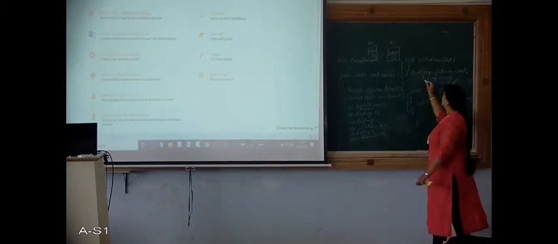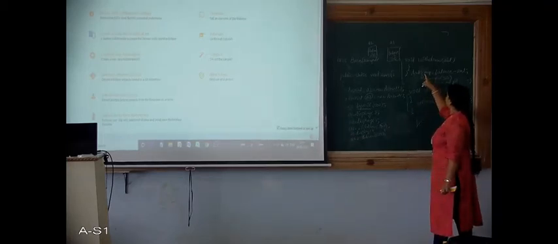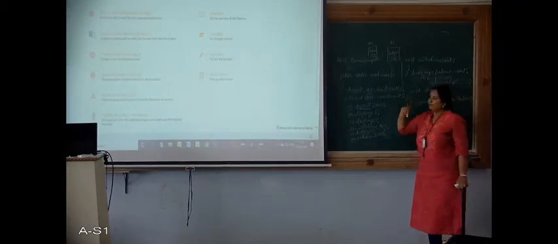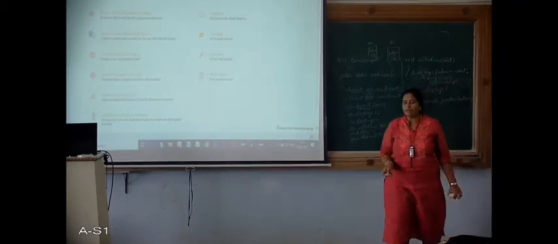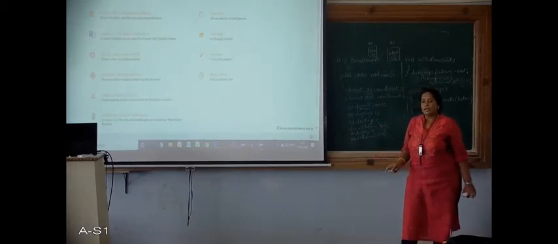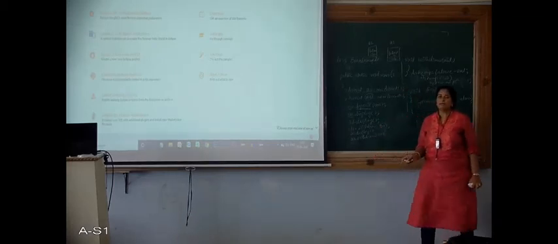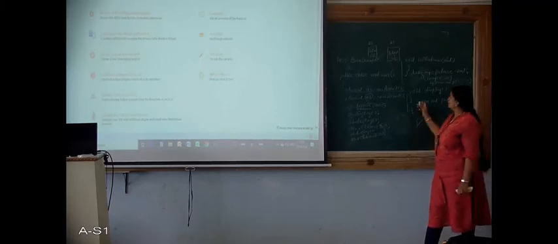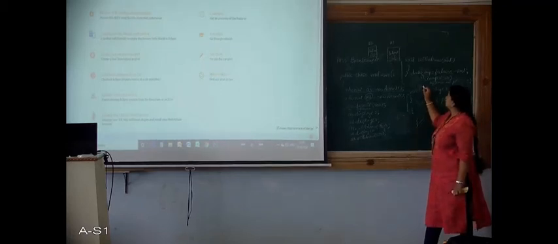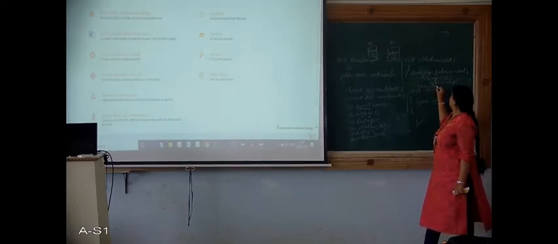Otherwise, if this temporary variable's value is equals to 500, or if it is greater than 500, even after deducting the amount from the balance, then you can just write balance equals to balance minus amount. So there is no problem here, right?